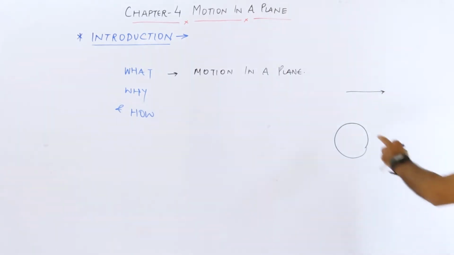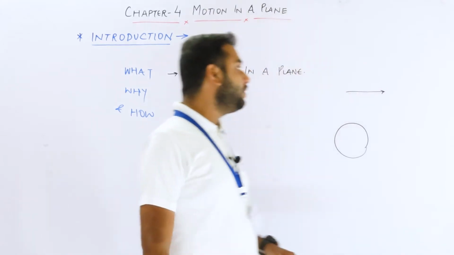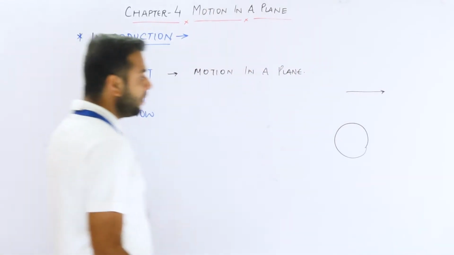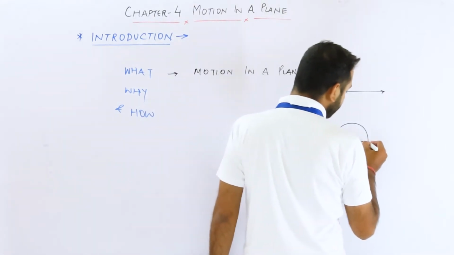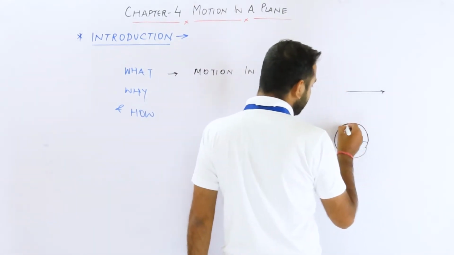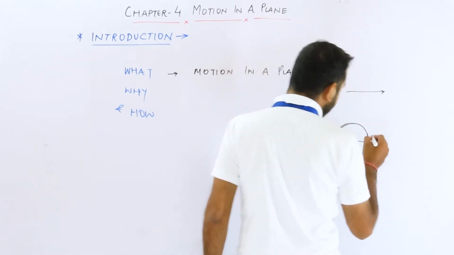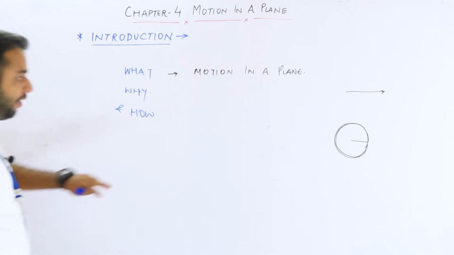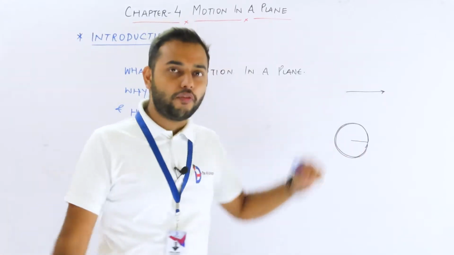In order to understand this type of problem, in which the particle has motion in more than one dimension, see, this circle has two dimensions. The particle is going like that. Obviously we will have motion of a particle in a circular form.